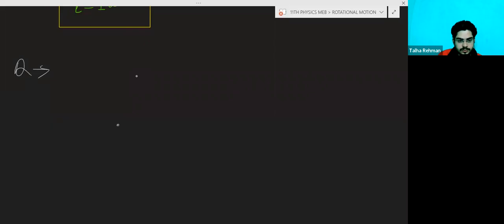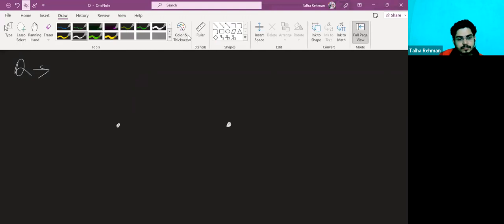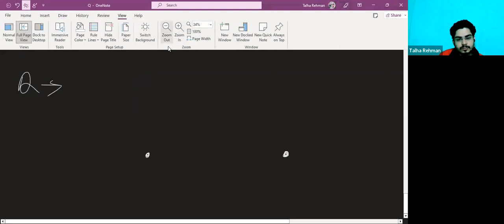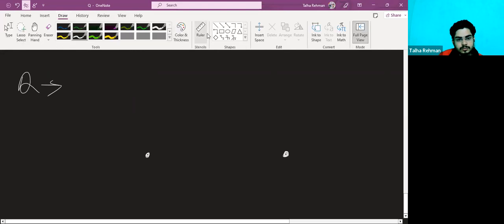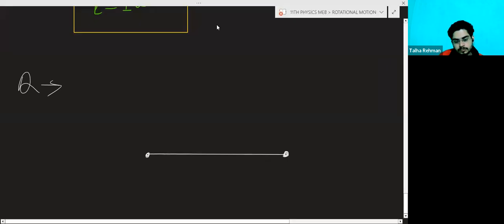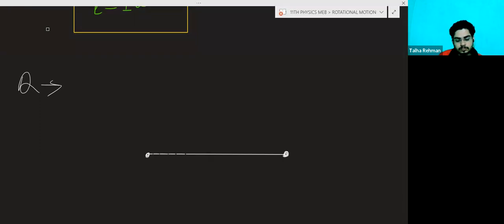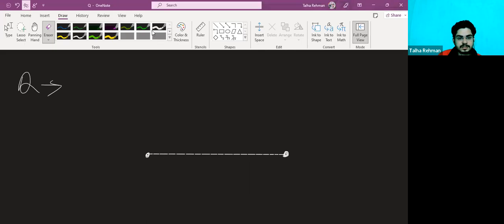There are two masses, these are 2 point masses, like this, and there is an axis.